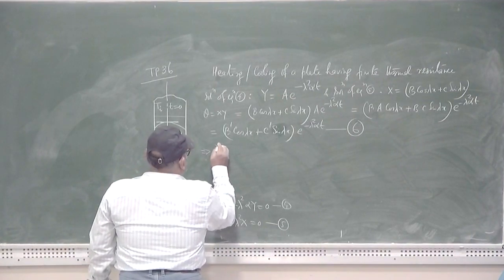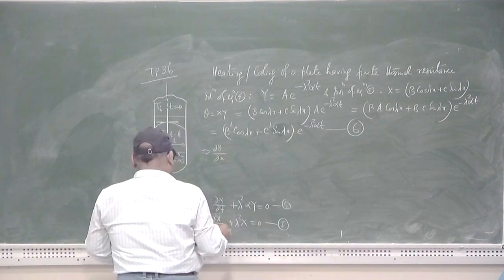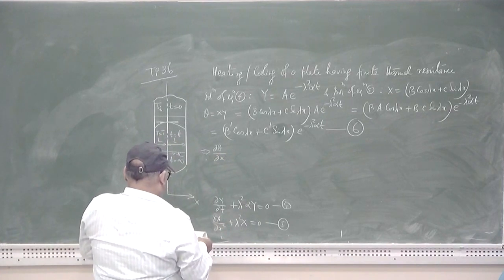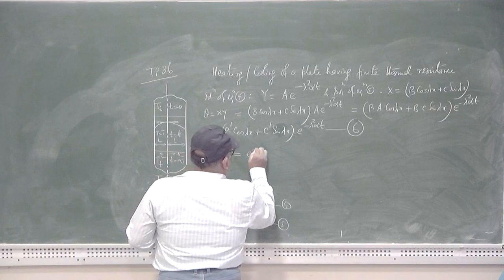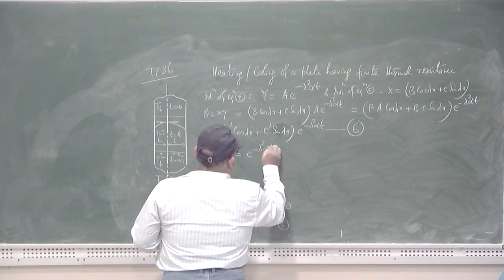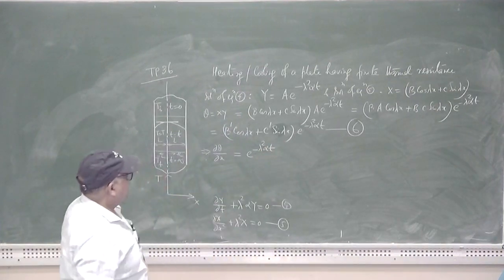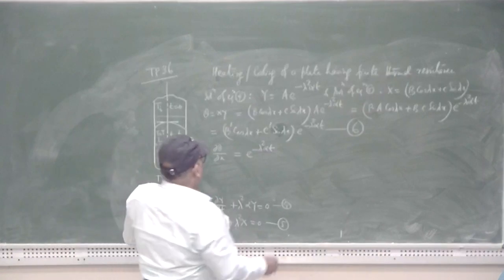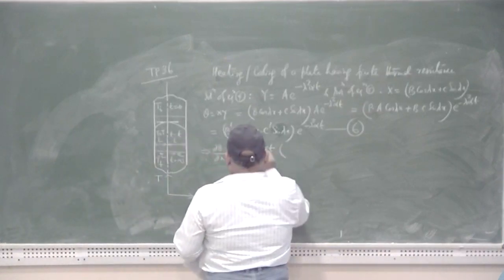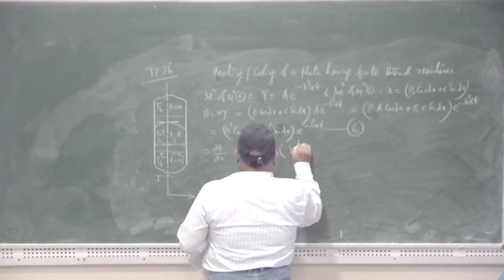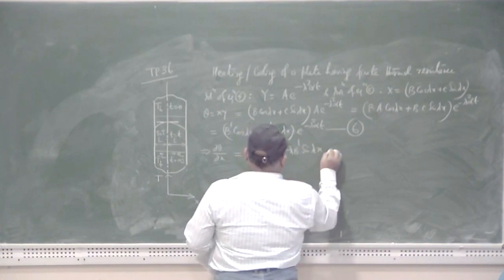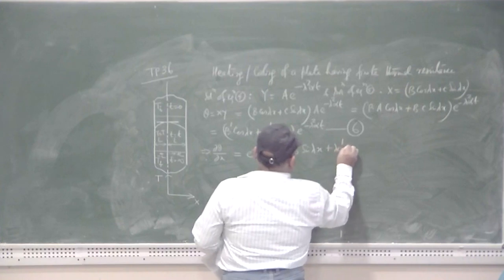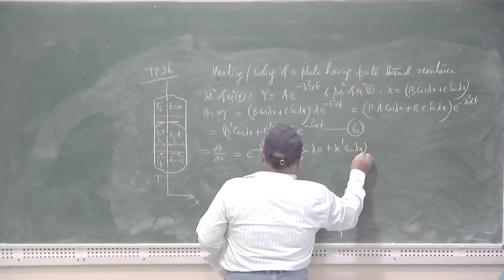So ∂θ/∂x is equal to, since we have not considered the t variable now for differentiation, minus lambda b dash sin lambda x plus lambda c dash cos lambda x.